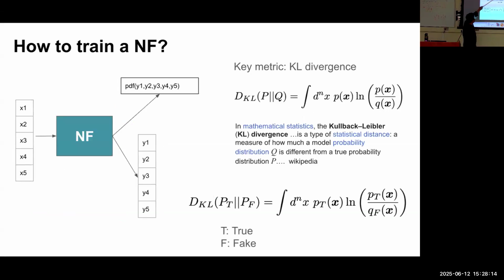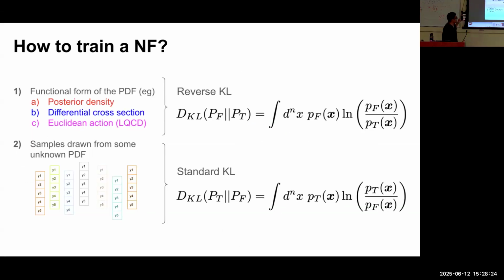The wiki says that P, which is this, is the true probability, and Q is the fake. So I will argue that if you want to train the normalizing flow just on the samples, you need to use the standard. Why is that?